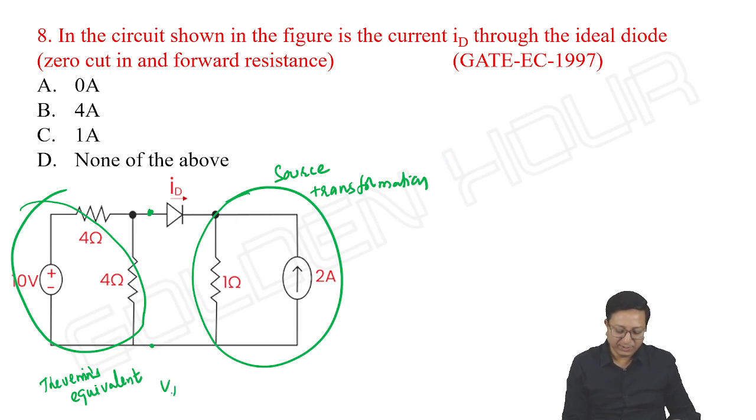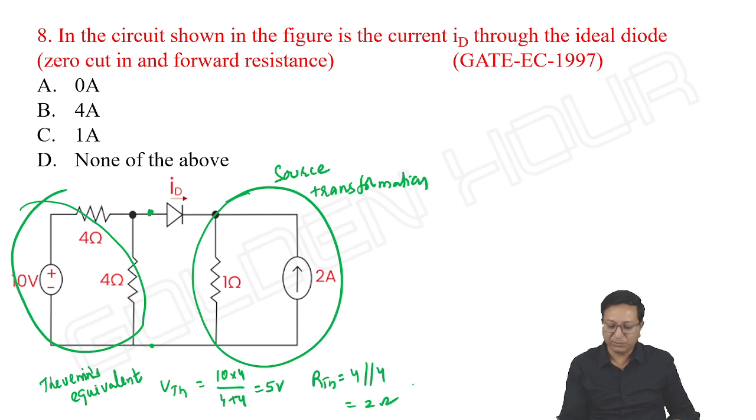Okay, VTH, Thevenin's equivalent voltage, 10 into 4 by (4 plus 4), it is 5 volts. And RTH is 4 ohm parallel with 4, it is 2 ohms. So 5 volts in series with the 2 ohms. Next, diode.